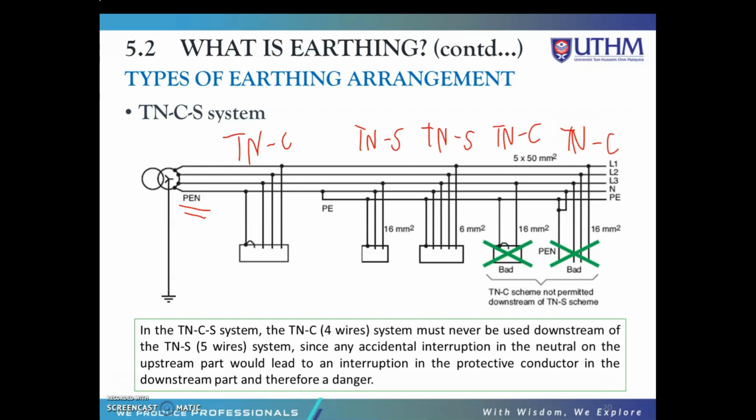TNC means that it combines, they use the neutral and also the PEN. So these two are the TNC system, and it is not permitted downstream of the TNS scheme, because it connects to the neutral. If there is any accidental interruption in the neutral, it will interrupt the whole system.